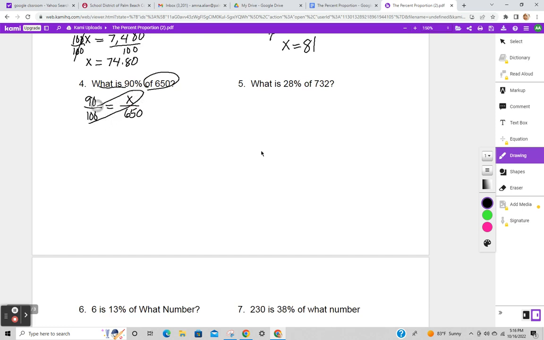We'll take the cross product, 100 times x is 100x. And then we'll multiply 90 times 650. And we're going to get 58,500. Now we'll divide both sides by 100 to solve for x. And x equals 585.